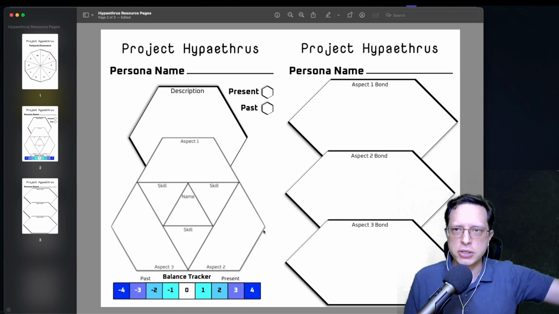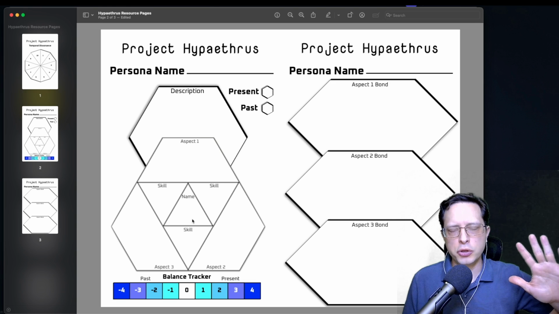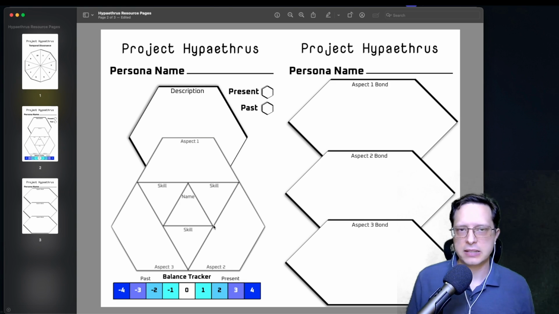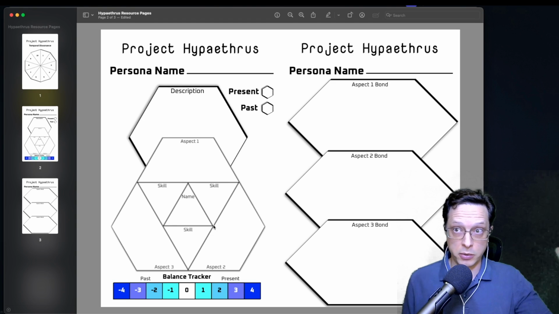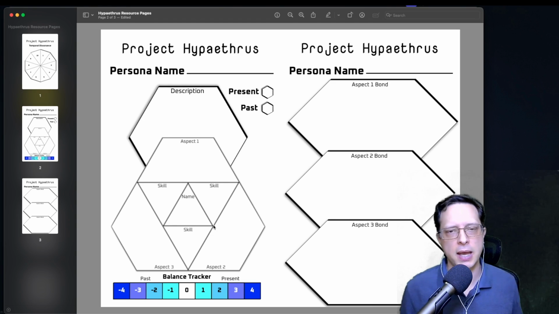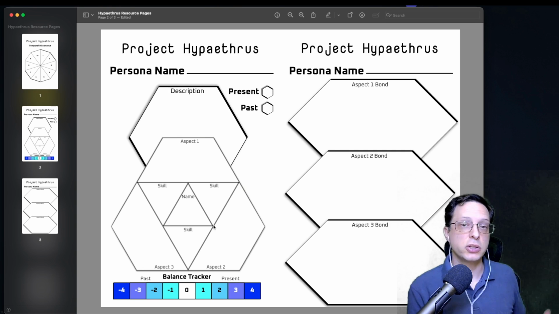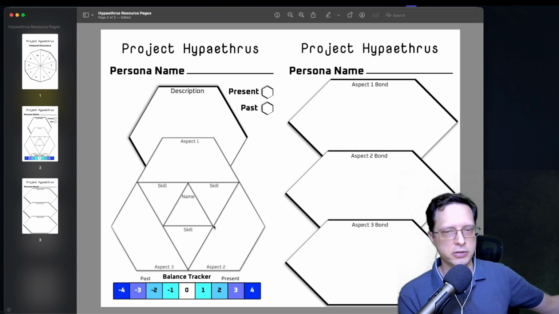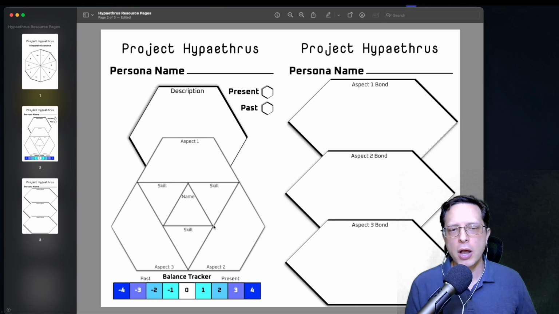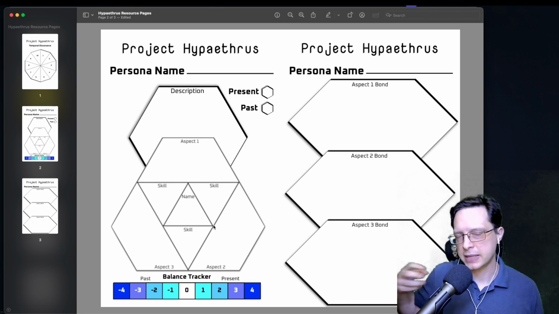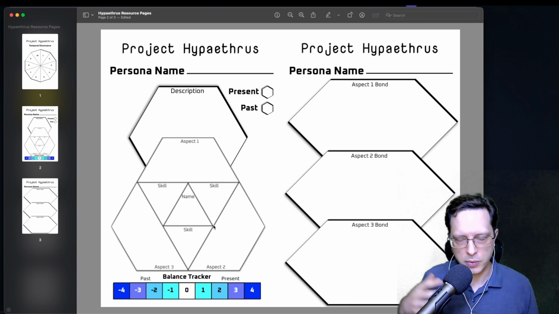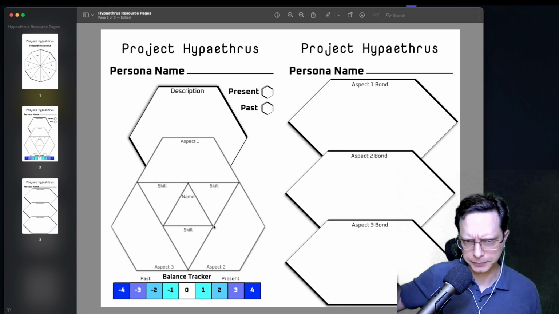In the original Project Hypaethrus, you would actually have 2 sets of aspects and skills whenever you're playing in the past, because you have one set of aspects and skills that fit your present, your character from the present, and then you would have a separate set of aspects and skills that would be associated with your character's past.